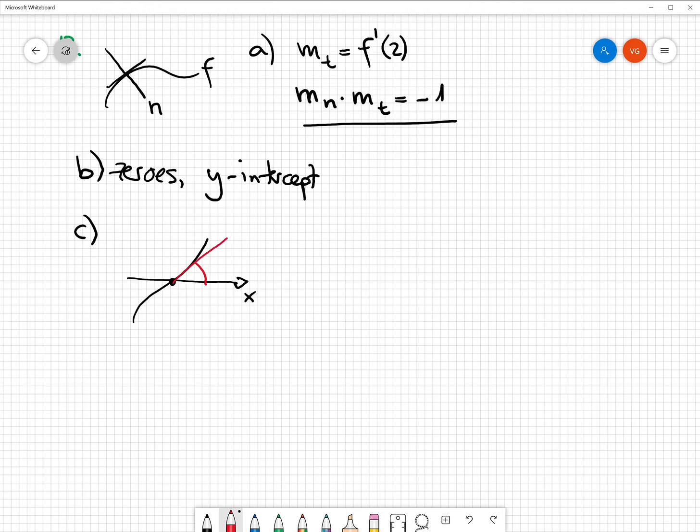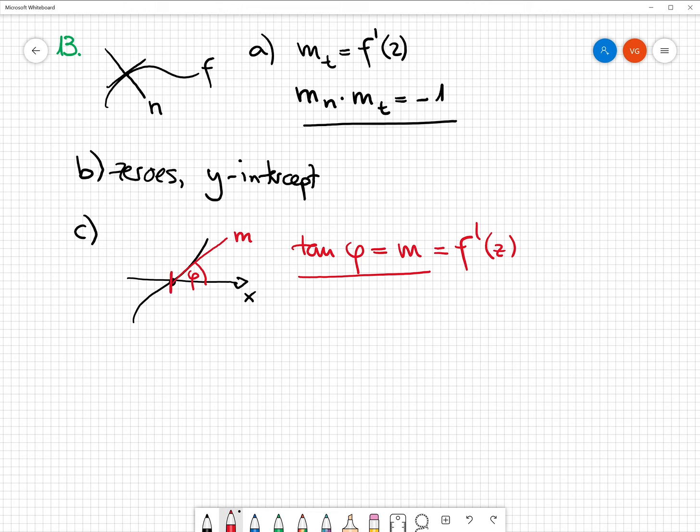If this is the gradient corresponding to that tangent, then there is this very important relationship. The tangent of the angle is the gradient, okay? This being phi, you can use this relationship to compute the angle. M, of course, being the gradient, so the derivative evaluated at the position of the zero.